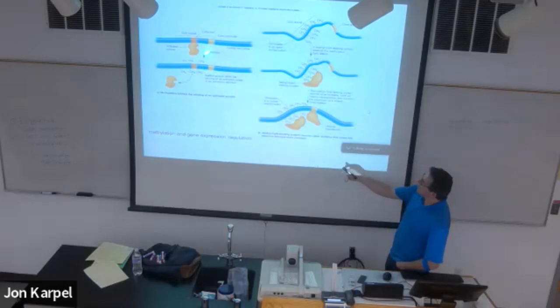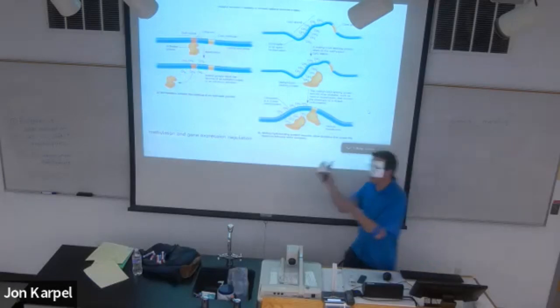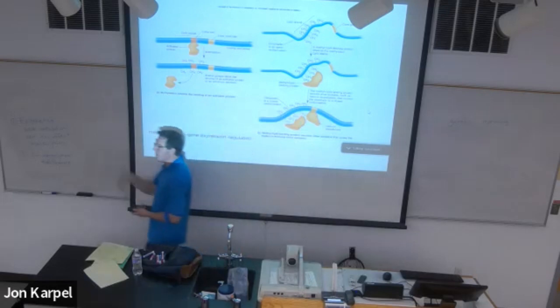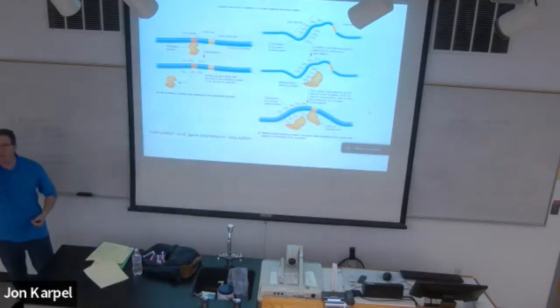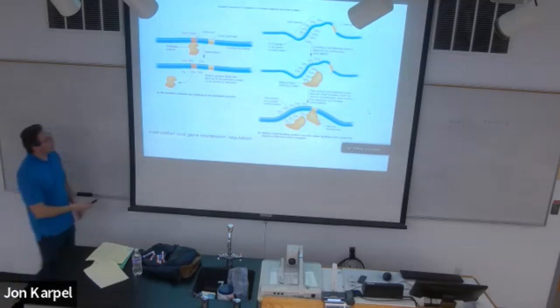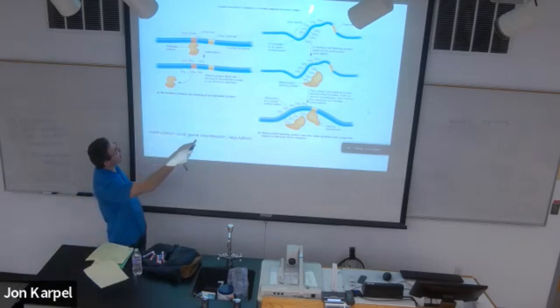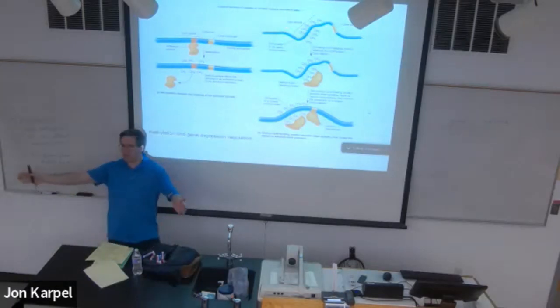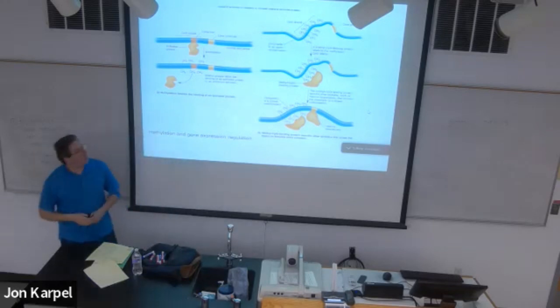We see methylation of DNA that can inhibit the binding. So again, that's going to be simply a steric hindrance, right? You can put something in the way and the protein's not able to bind. And if it's a transcription factor, then you're not going to see transcription probably from that. But we also see what they call CpG islands. So there's a lot of CG stretches that are methylated for one reason or another.